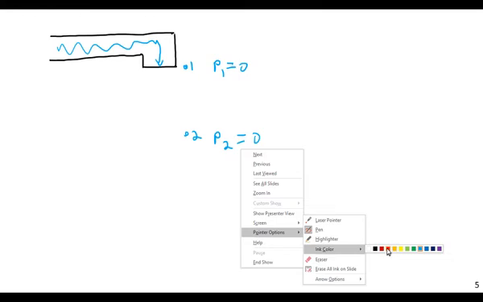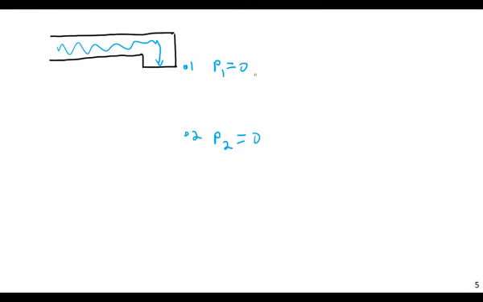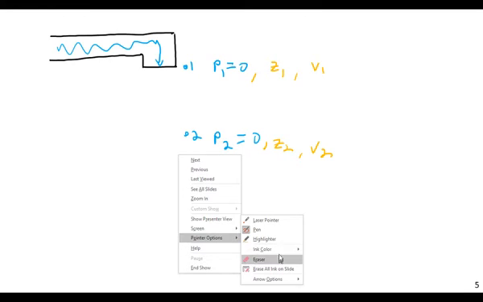And here, we have Z1 and Z2 and V1 and V2. So the pressure here is going to be constant. So here we can't trade pressure for anything. Everything is forced to be at air pressure because it's surrounded by the atmosphere.